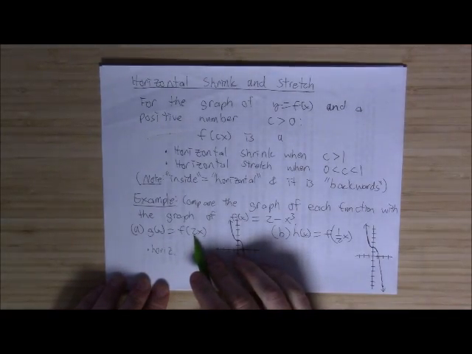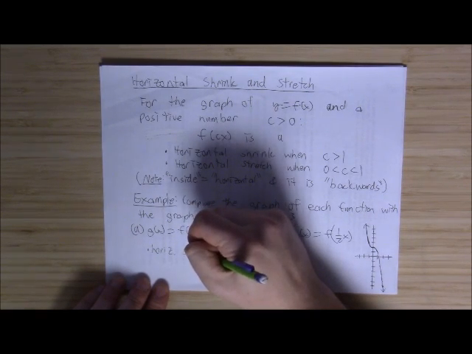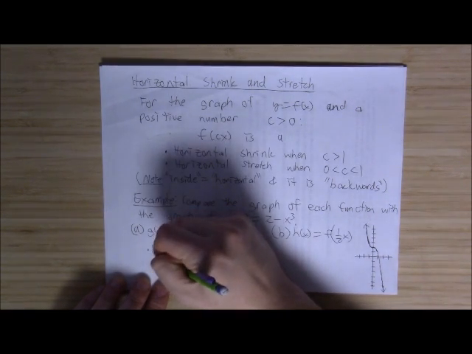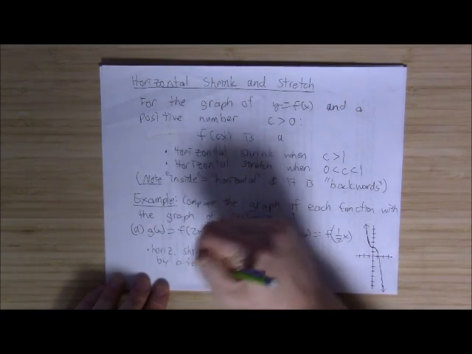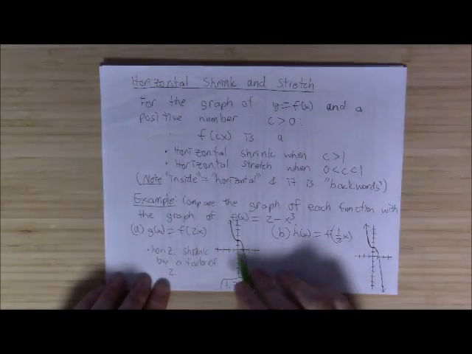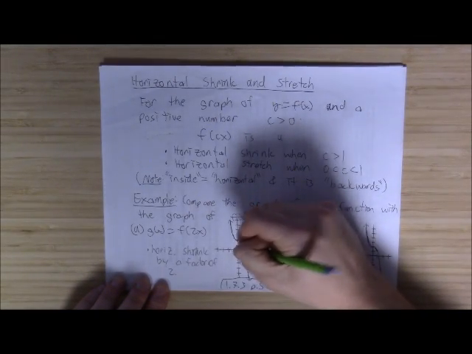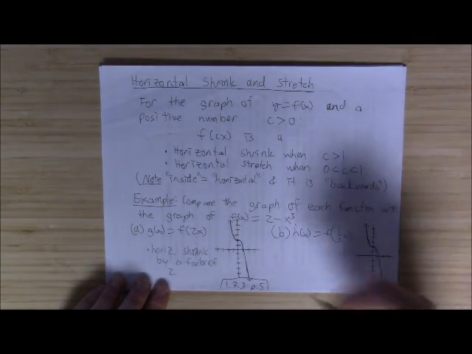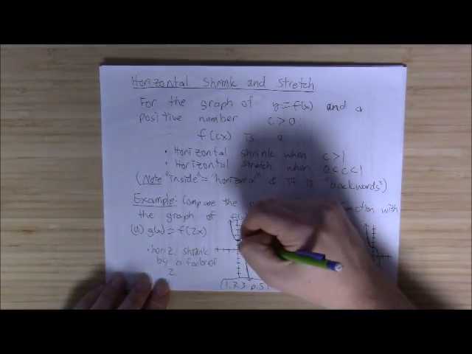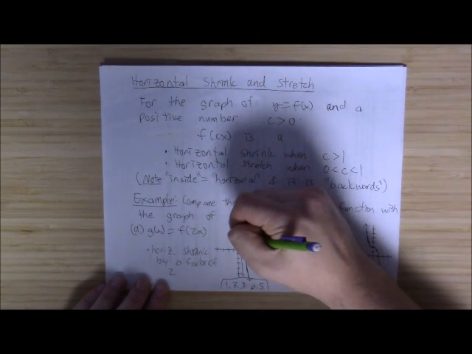So here c is greater than 1, so it's a horizontal shrink by a factor of 2, which means all the x values get halved. So this gets sent to 1/2 of itself. That also gets sent to 1/2 of itself. And so what we have here is we've made this graph even thinner in a sense.